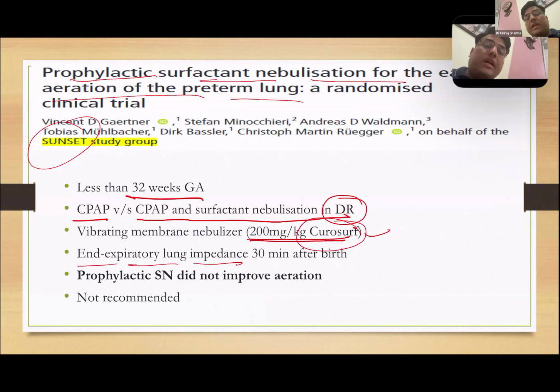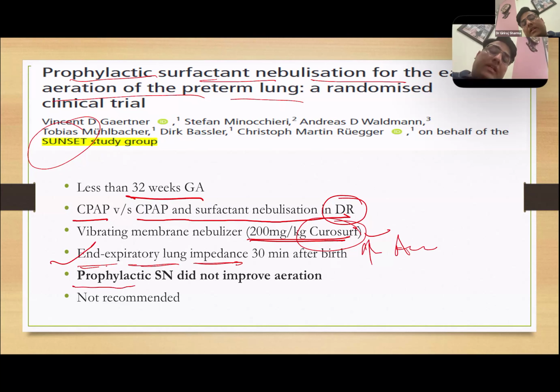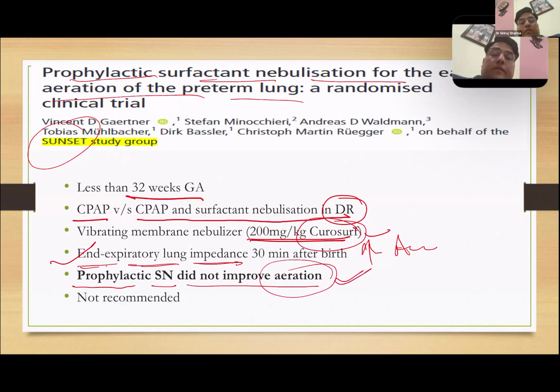This is the marker of lung aeration or lung expansion. If lung impedance increases, it means lung aeration is also increasing. So in this, they have found that prophylactic surfactant nebulization did not improve lung aeration or lung expansion. They did not find any benefit of prophylactic surfactant nebulization, and currently this is not recommended in the Sunset study group.